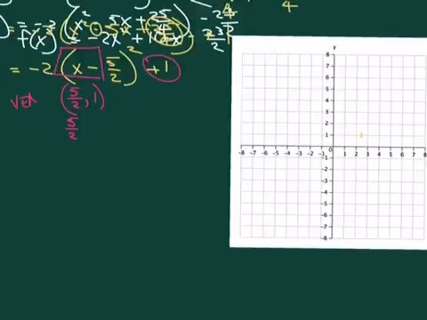2.5, 1. So there's my vertex. My axis of symmetry goes right through the middle there. And then I'm going to have to use an x and a y to come up with another point here. So I like using 0 if I can.